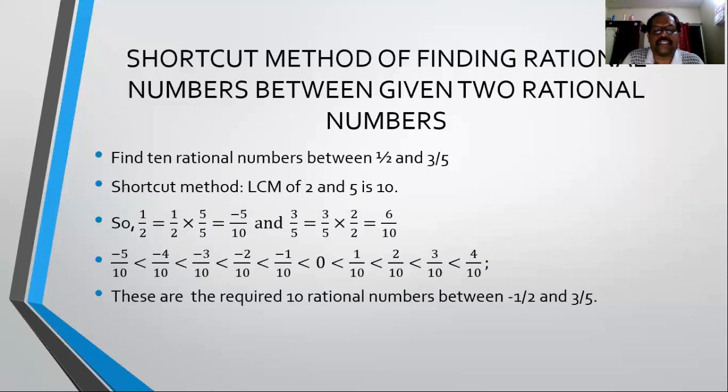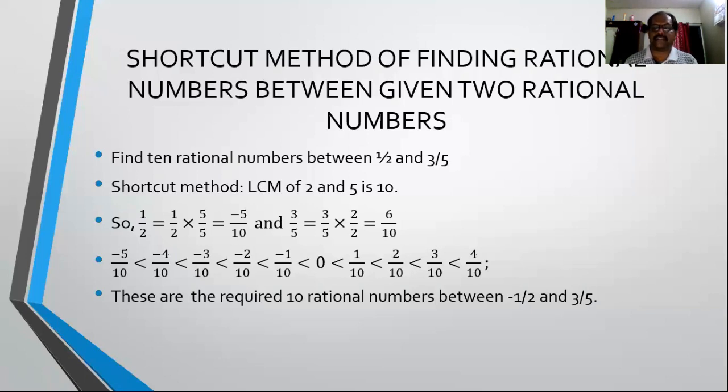In such a case, we see the denominators 2 and 5 and take their LCM. The LCM of 2 and 5 is 10, we know. After getting the LCM, we need to convert the denominators of both the given rational numbers to the LCM by multiplying and dividing by a suitable number.